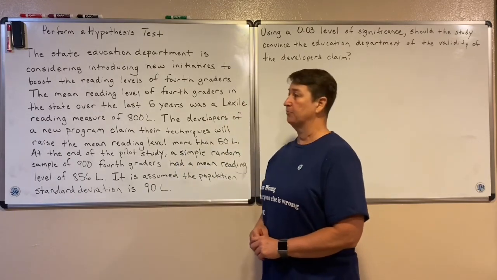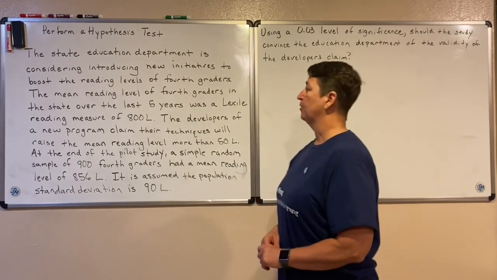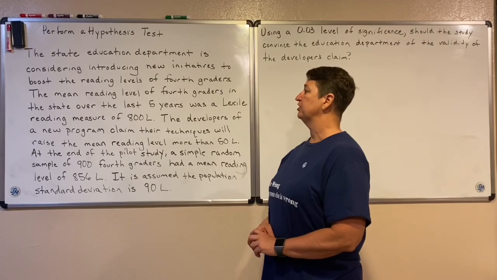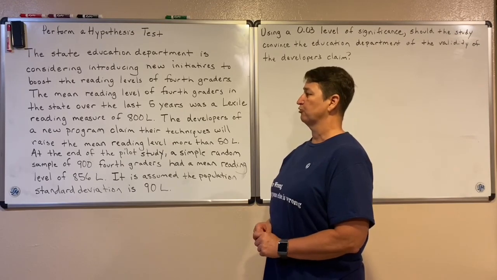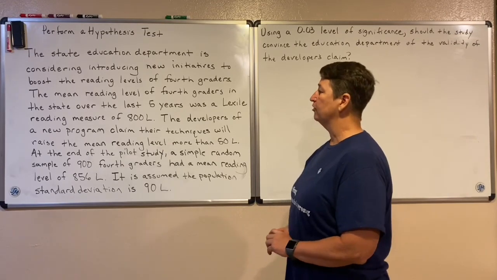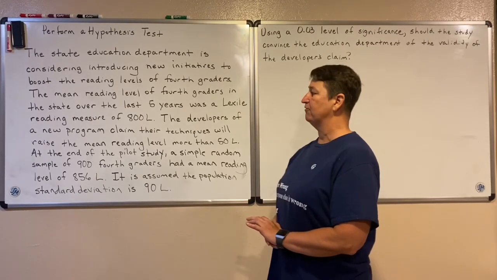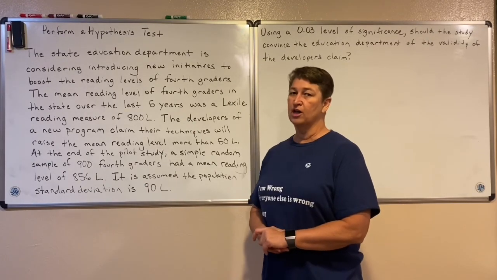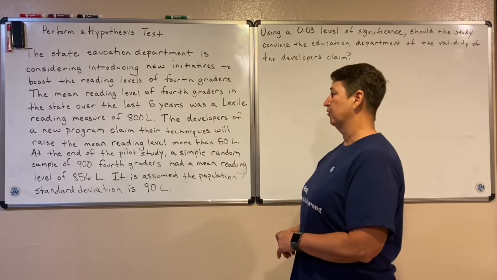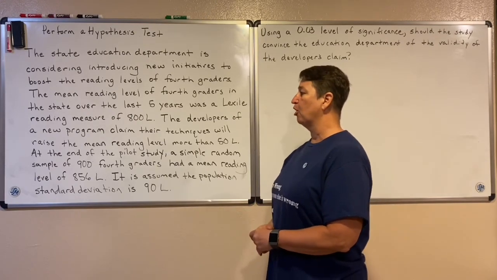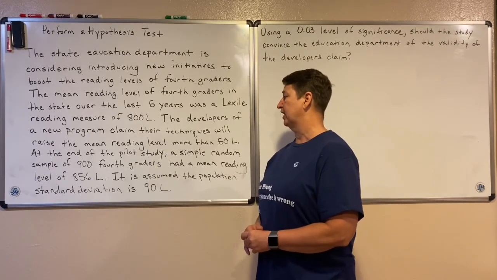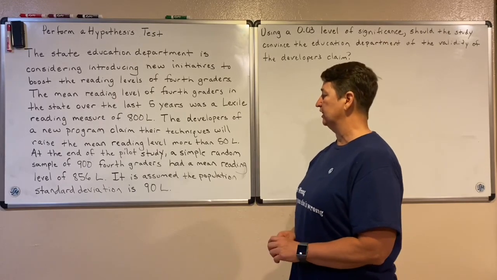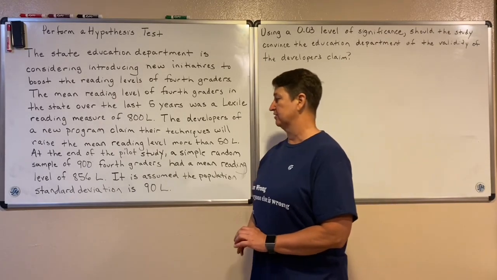So here's an example. The State Education Department is considering introducing new initiatives to boost the reading levels of fourth graders. The mean reading level of fourth graders in the state over the last 5 years was a Lexile reading measure of 800 Lexile. The developers of a new program claim their techniques will raise the mean reading level more than 50 Lexile.